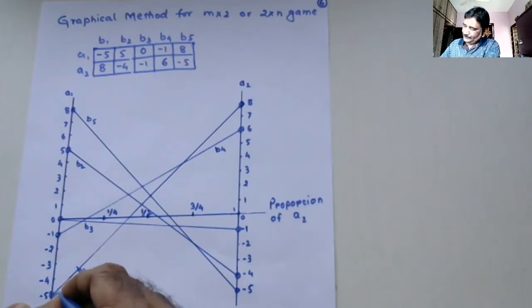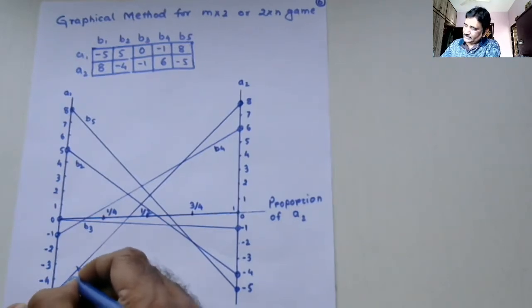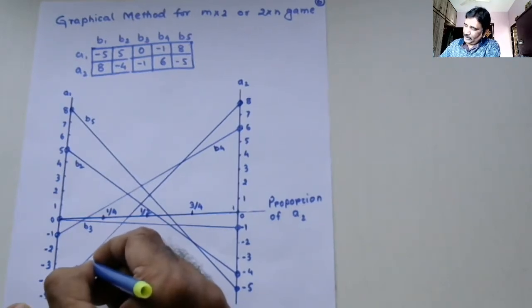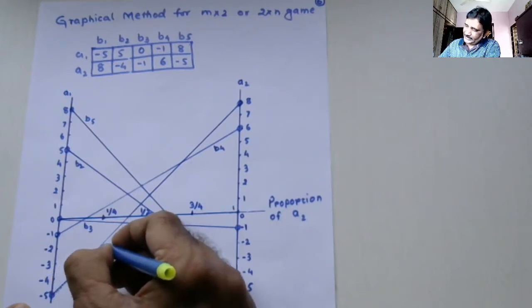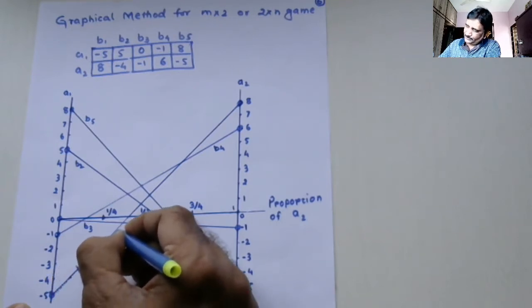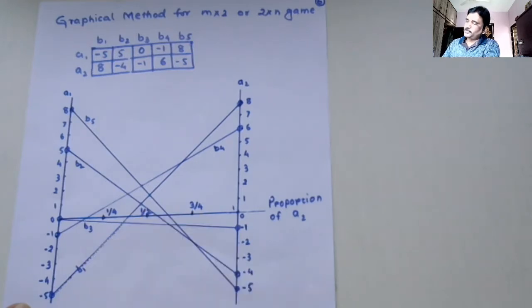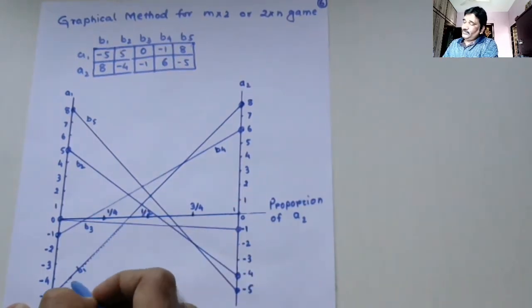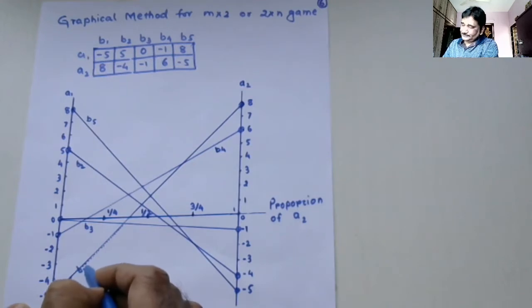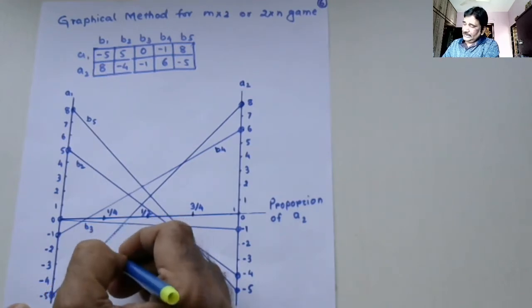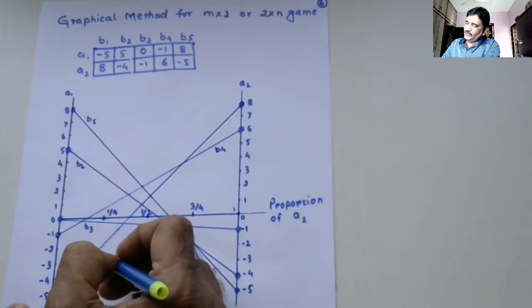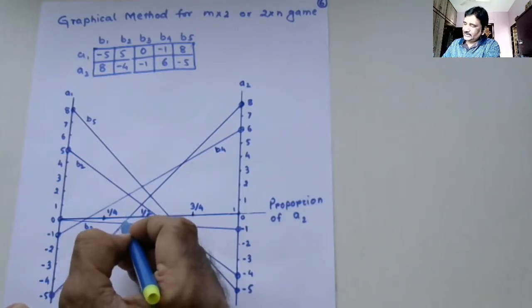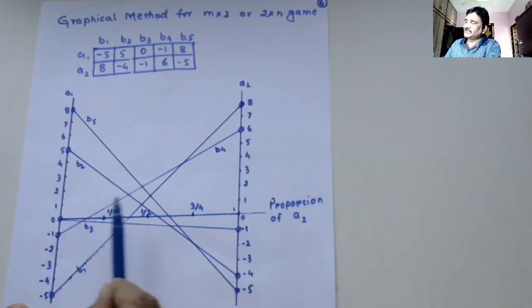So this is the zone of the gain to player A and loss to player B. Till this point, player B will continue to play B1, and loss to player B will go on increasing, and B is helpless because A is increasing the proportion of course of action A2.